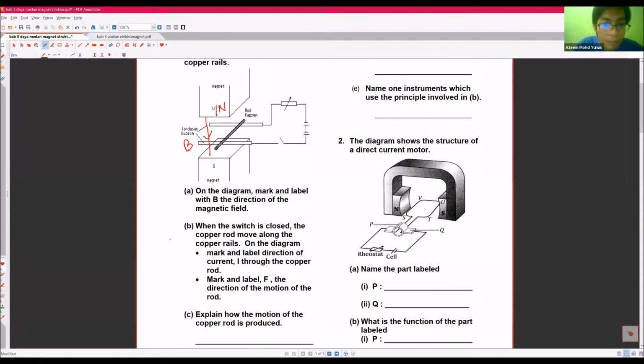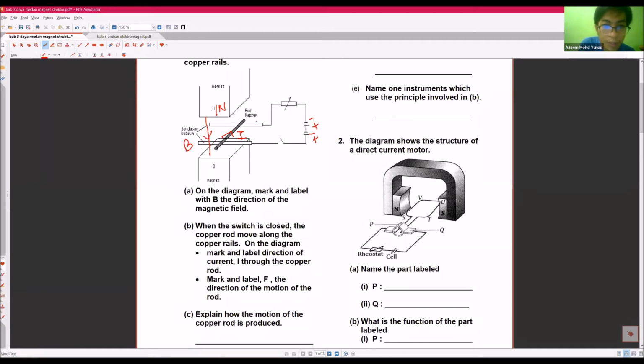B: when the copper rod moves along the copper rails, on the diagram mark and label the direction of current I through the copper rod. At the bottom, current flows from positive to negative. So this is the direction of current, and then it flows to the negative terminal.